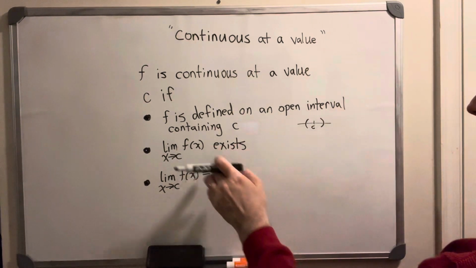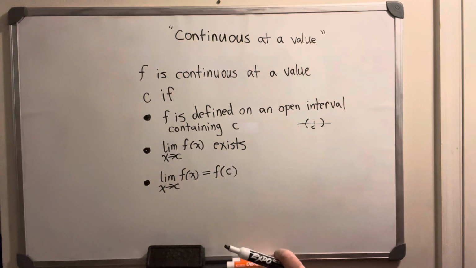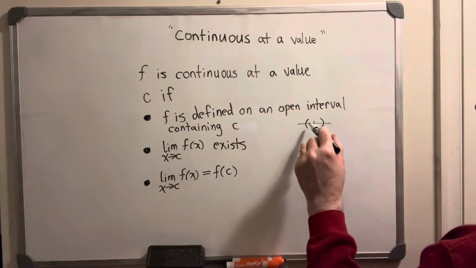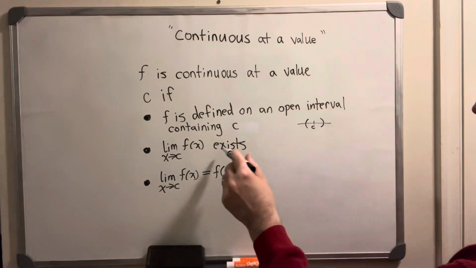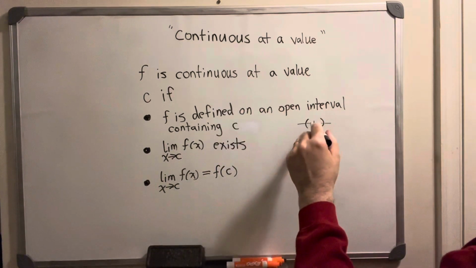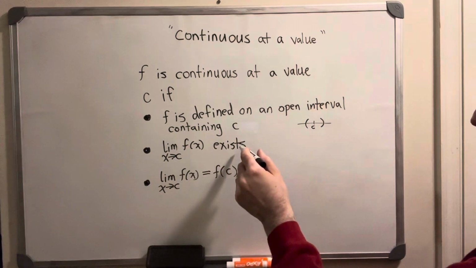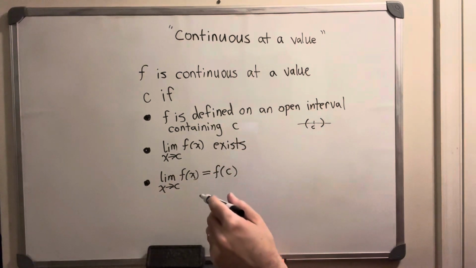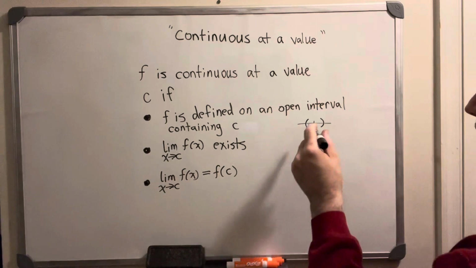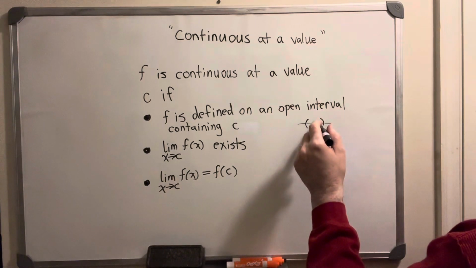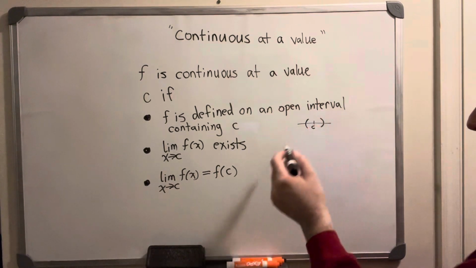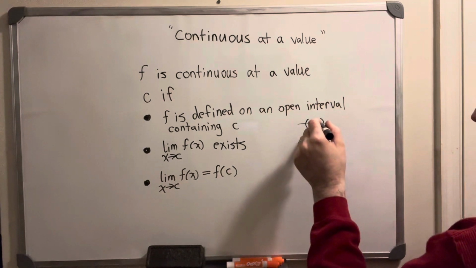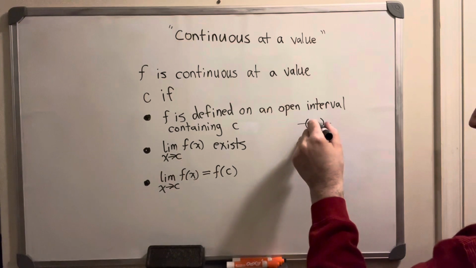And now the limit as x approaches c of f of x has to exist. But I'll mention, you remember that when you're just speaking about a limit, when you're not talking about continuity, you don't require that the function exist right at c.